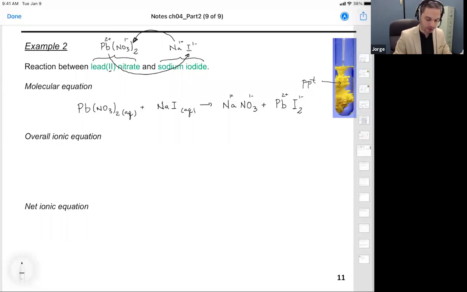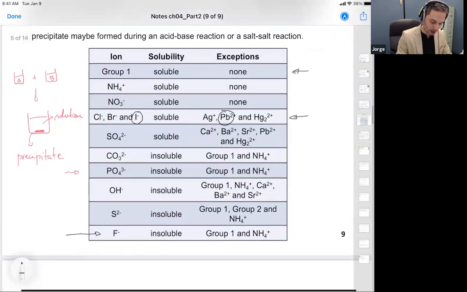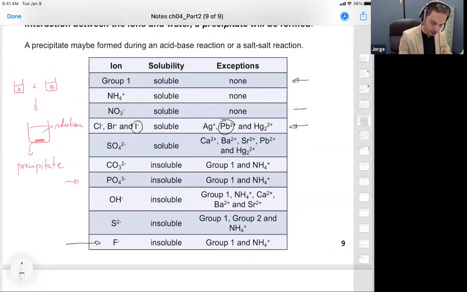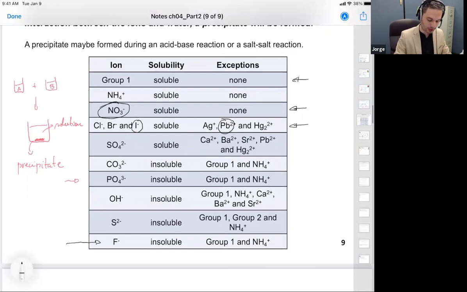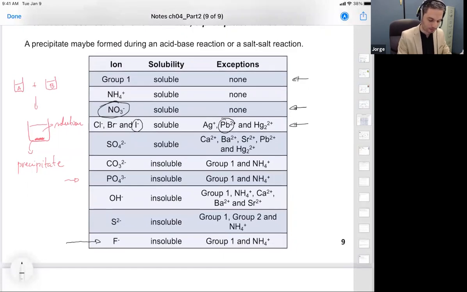Okay, so now let's go back to the solubility tables. Let's look for nitrate first. So let's go all the way back here. Nitrate is right here. Nitrate always forms soluble salts, so that doesn't need any thought. Now let's look iodide. Iodide is soluble with the exception when combined with lead.